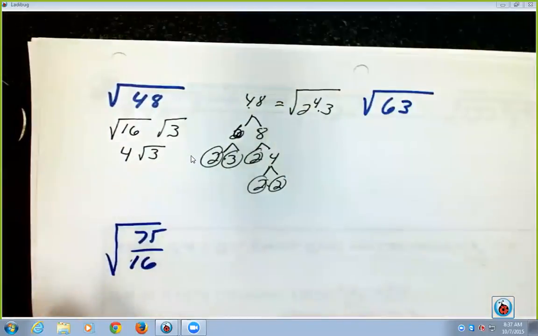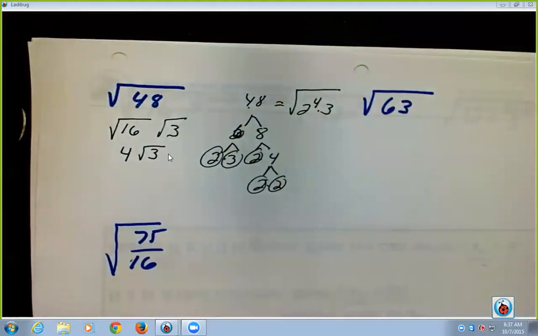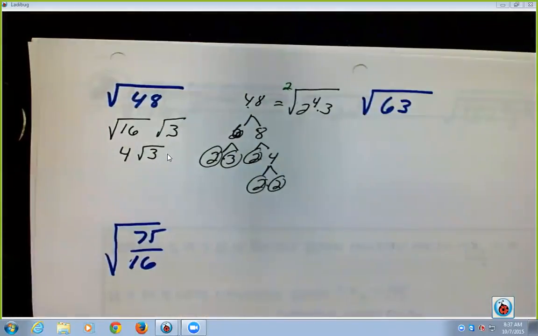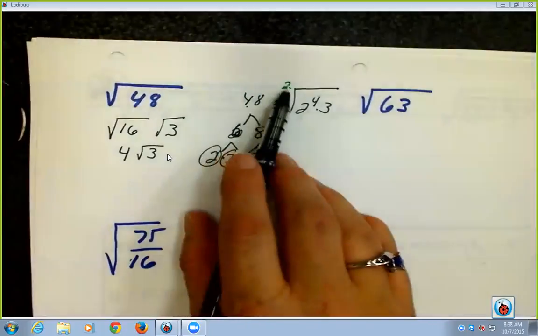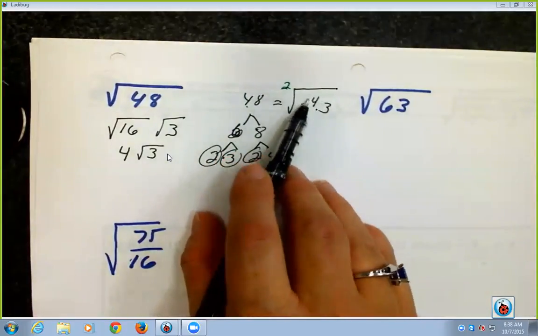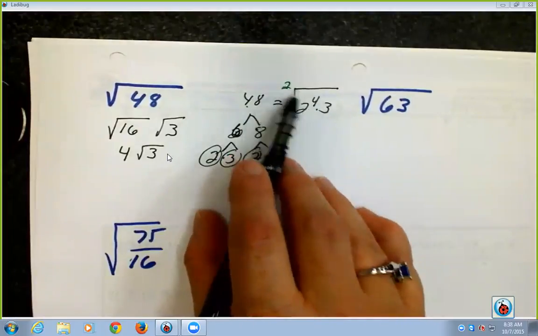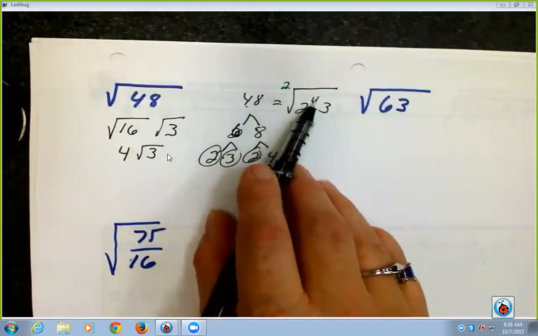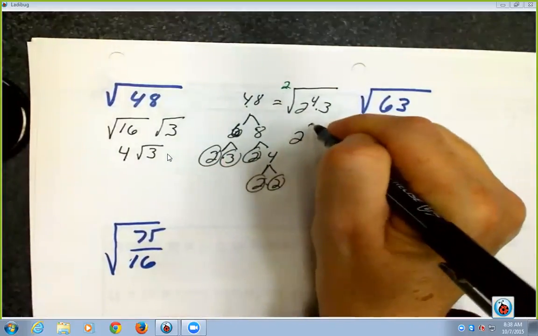Since my index out front here is 2, what I can do now, if I break it to its prime factorization, is I can look and say, how many times does 2 go into these exponents on here? 2 goes into 4, how many times? So my index goes into that exponent 2 times. So that means I can take a 2 squared out.